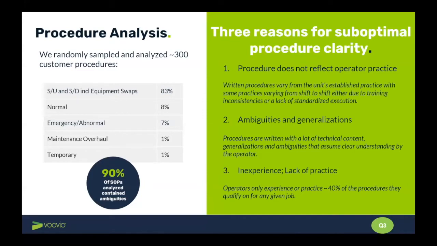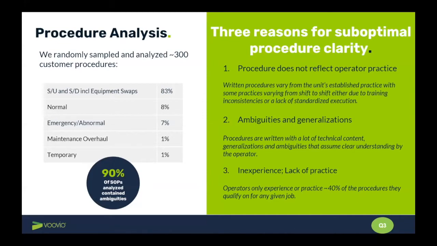The second one, and we've talked about, is the ambiguities and generalizations that are written into procedures. And I have a couple examples to show and highlight these generalizations. And the last one is inexperience, lack of practice.